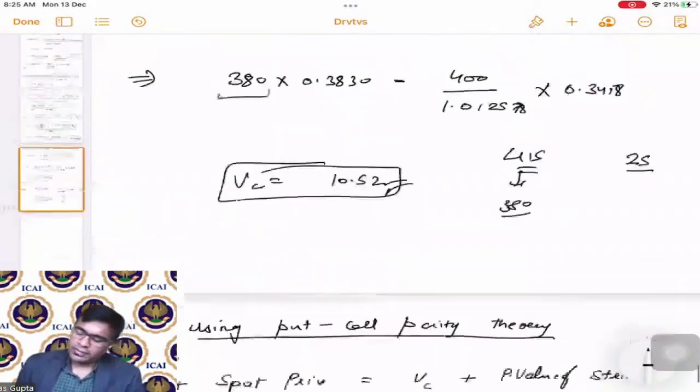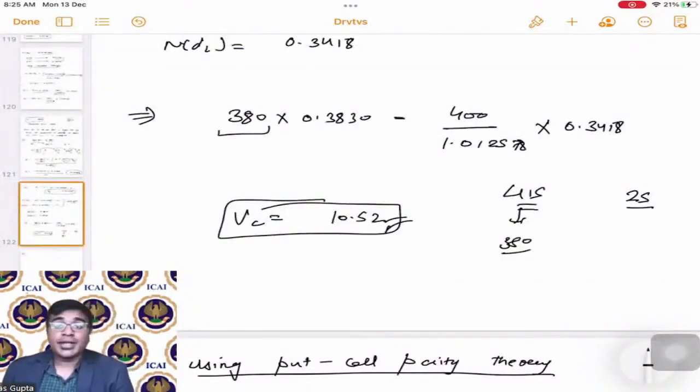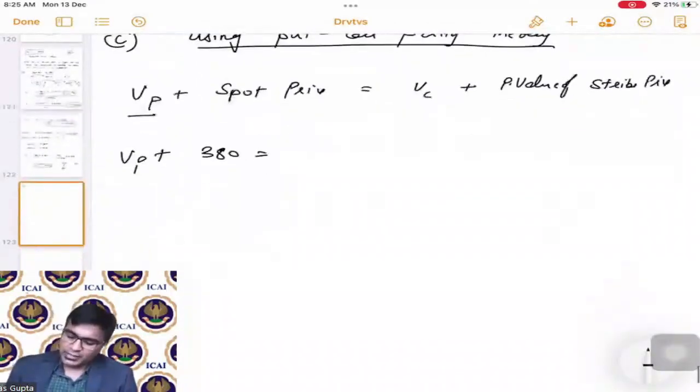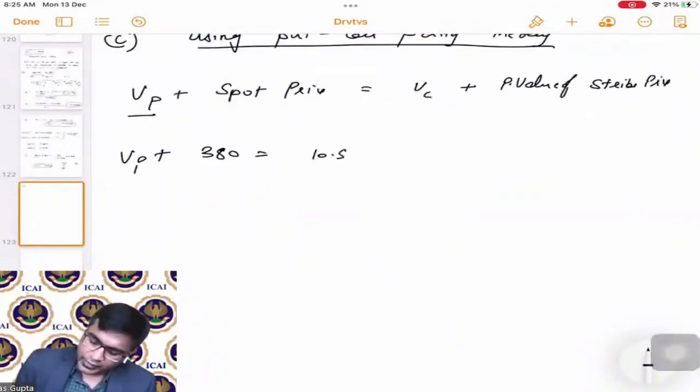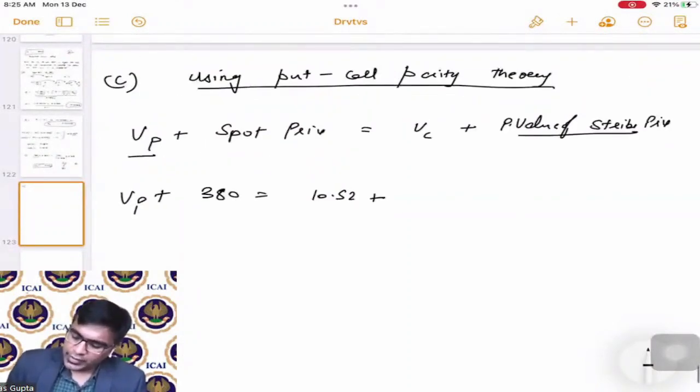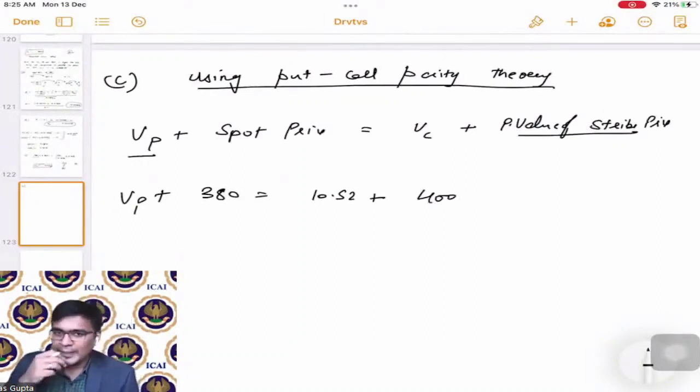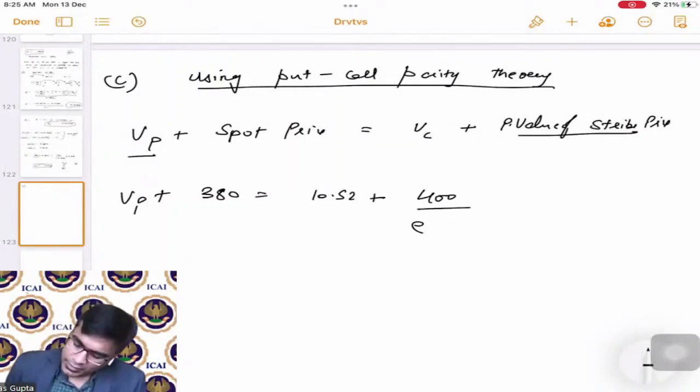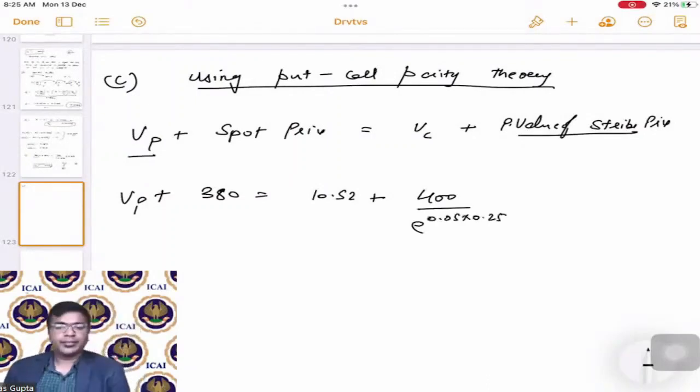Value of call based on the previous step, because they are saying you have to go ahead with the 380 spot price, is 10.52 plus present value of strike price. Strike price is what? 400. Present value will be e raised to the power minus 0.05 multiplied by 0.25. Correct?